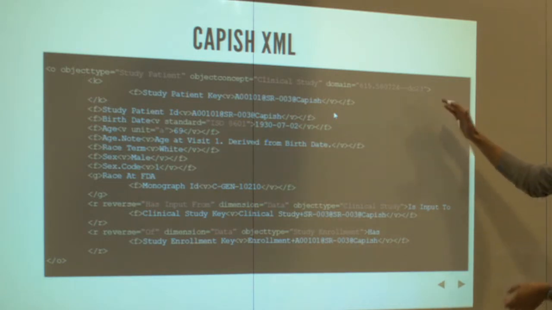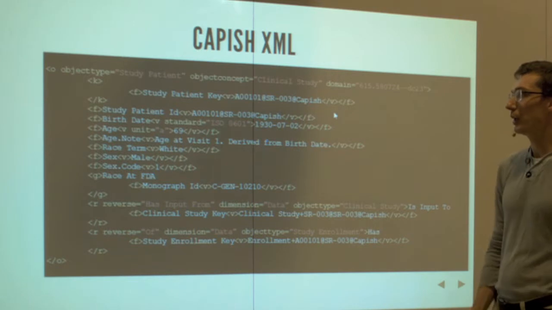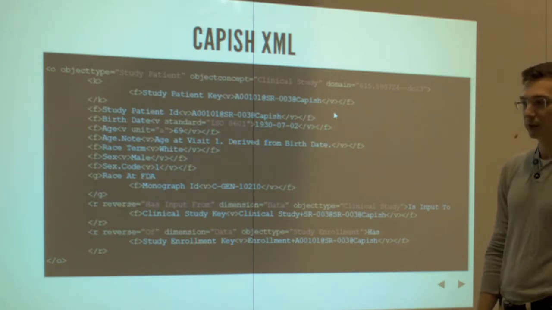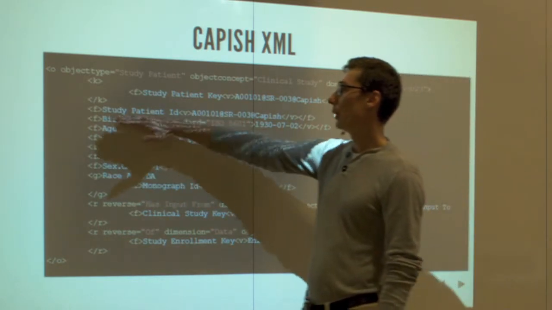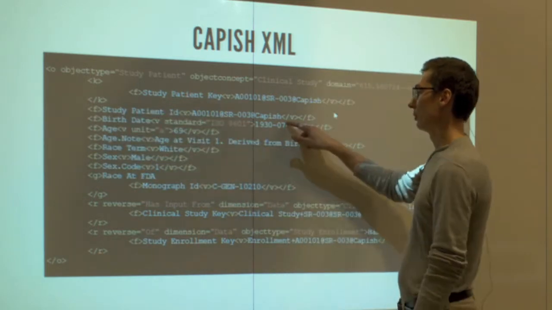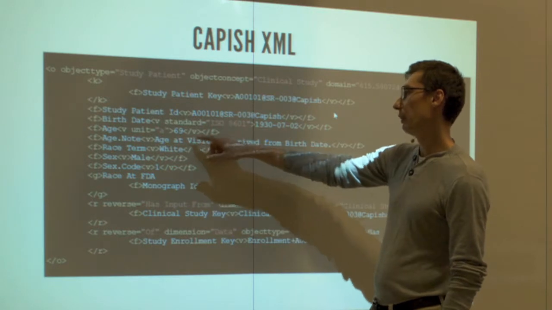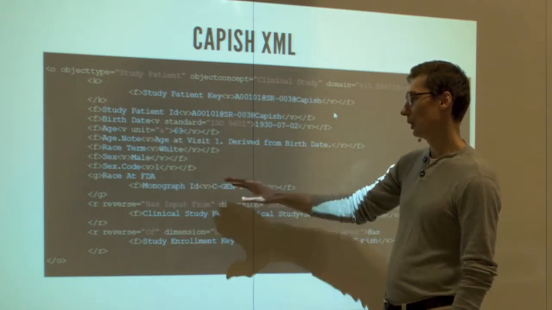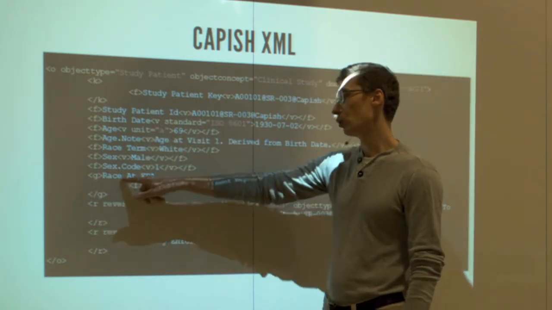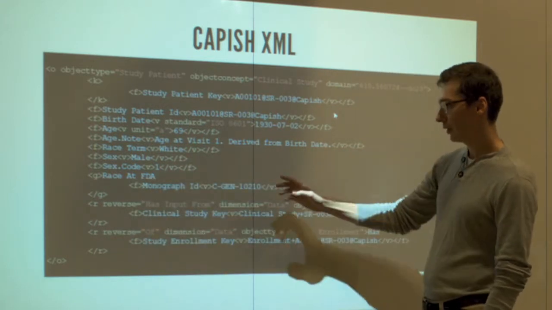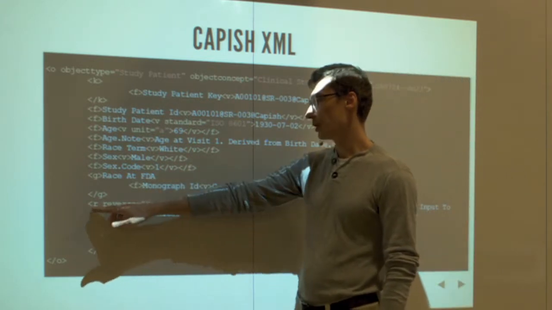Then the object itself naturally has to have data, and the data come in the form of fields which have a name and a value, like here. Some of the fields, the value may have an attribute, but these are details. Some of the fields may be sitting in a group which has a name. And then the relations are also coded with XML.